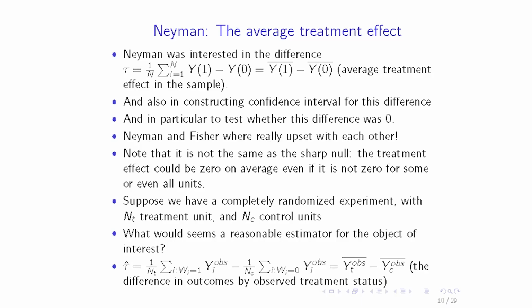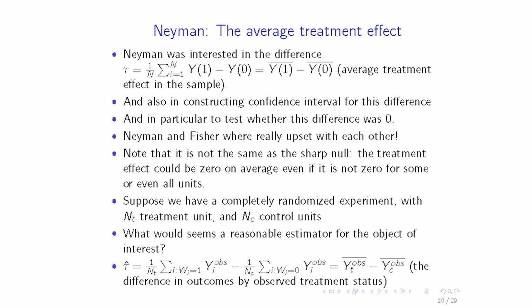So, which we can write here as tau hat, the average treatment effect: the average of the observed values for people who happen to be treated, minus the sample mean of the observed values for people who happen to be not treated.